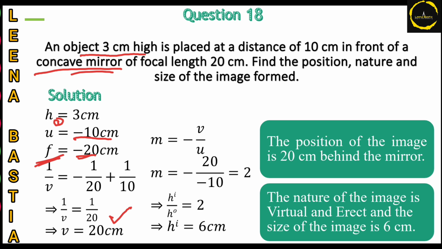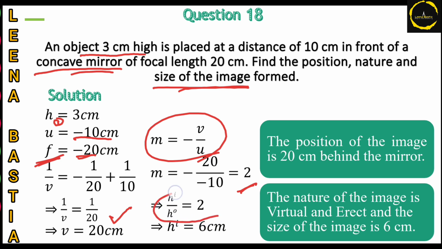Again we have to find the size of the image, and we don't have sufficient data, like a magnification value. We have to calculate it, and luckily we have another formula. We use that formula and get the value as 2. Substitute that value in HI by HO, that is 2. HI becomes 6 centimeter.